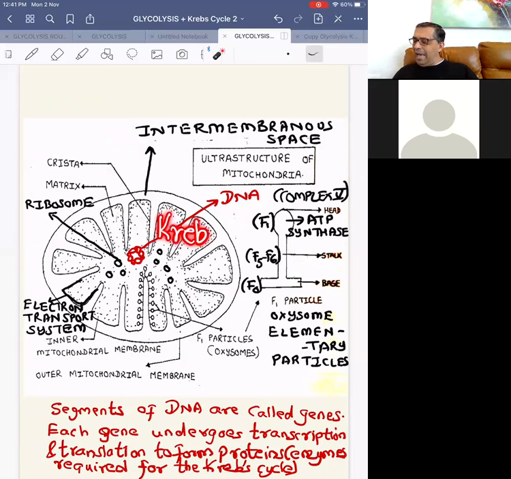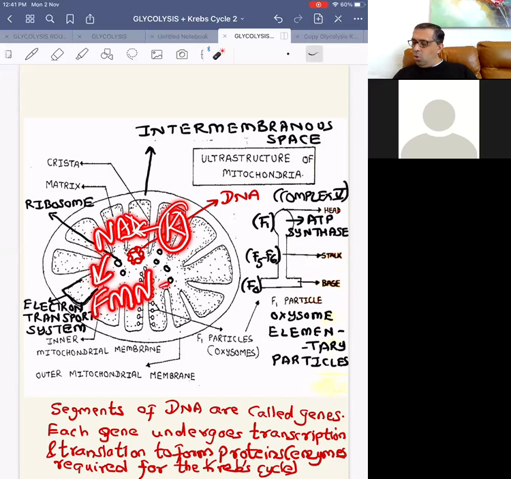So if we see in the diagram carefully, where is the Krebs cycle taking place? The Krebs cycle takes place inside the matrix, and it gives away hydrogen. Who is the acceptor of hydrogen? NAD. From NAD, where does it go next? FMN. From FMN, where does it go?